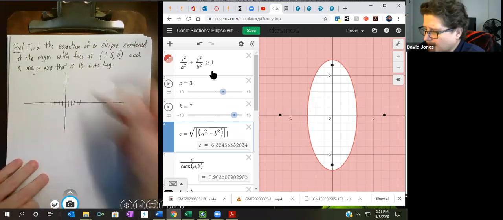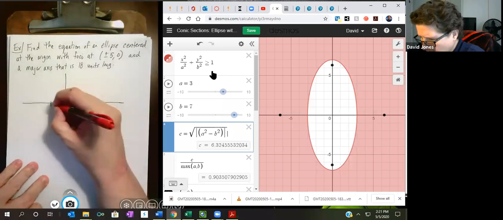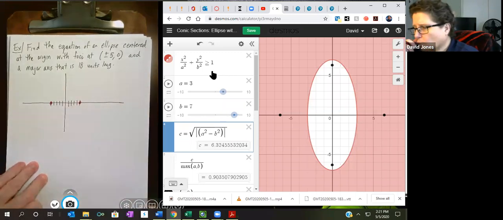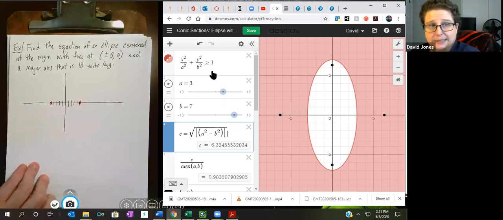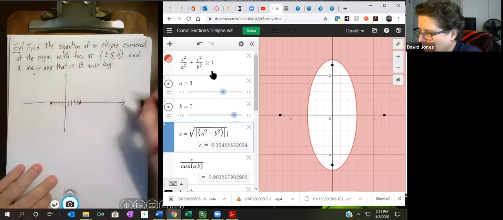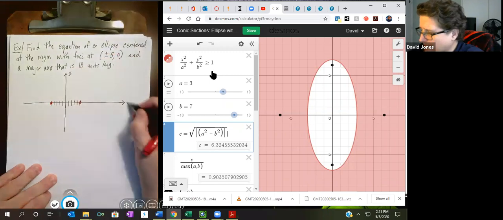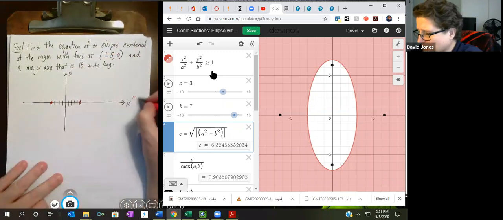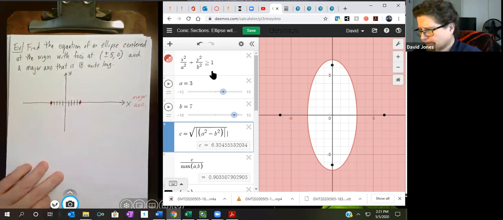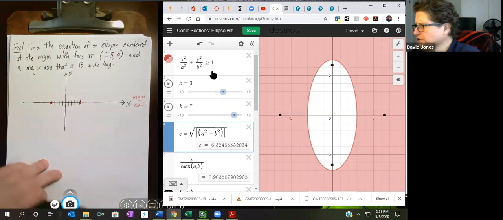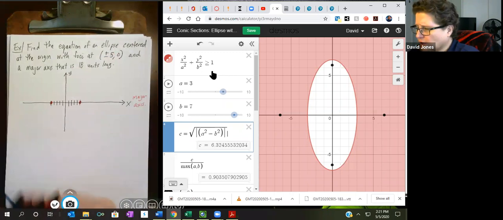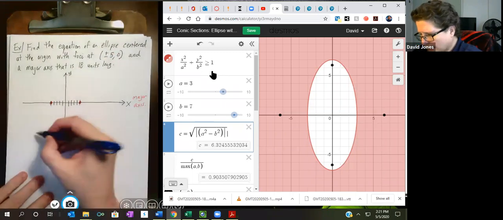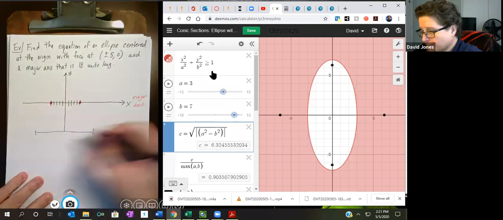My foci are here. Which axis is the major axis? The foci being on X tells us this is the major axis. The major axis is 18 units long, which means the entire width needs to be 18 units.